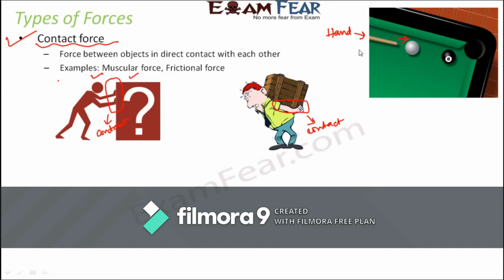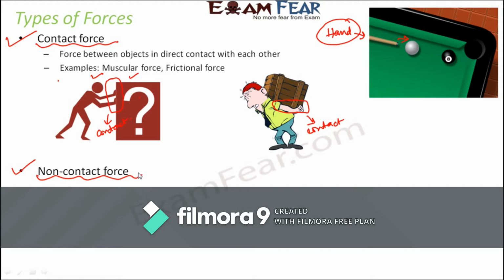So this is also an example of contact force, because here also the hand is in contact with the ball through this rod. Whenever we talk about contact force, it means that the object is in direct contact with the other object which is applying force. In this case, one object is this box, the other object is the person who is applying the force.